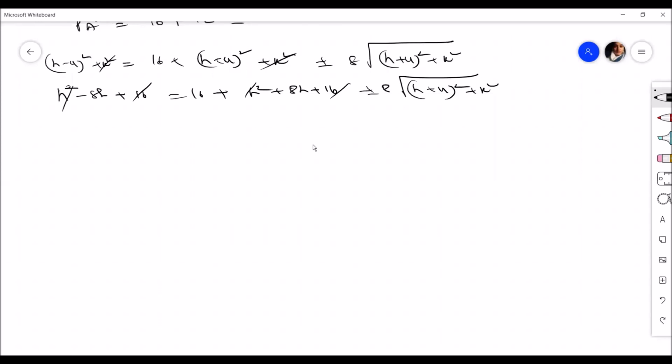Then all the leftover terms I'll bring onto the LHS, which will give me minus 8h, and this comes here as minus 8h, that's minus 16h, and this minus 16 also comes here. So minus 16h minus 16 is equal to plus or minus 8 root over (h plus 4) whole square plus k square. So what can I cancel here?